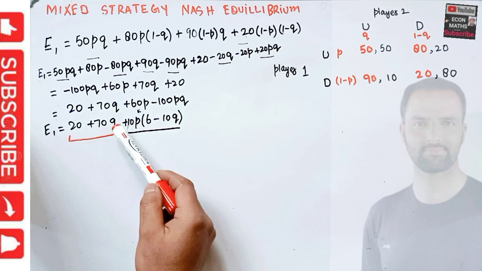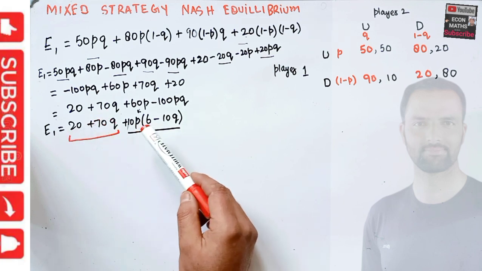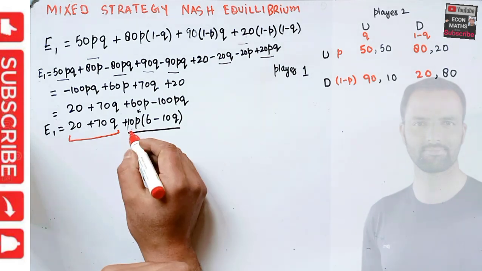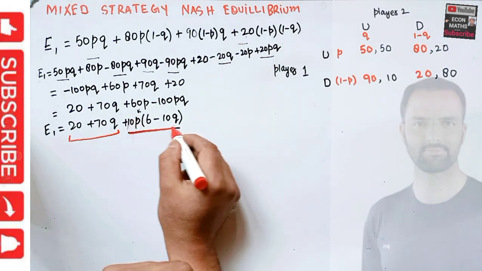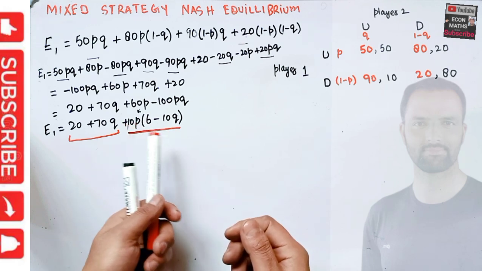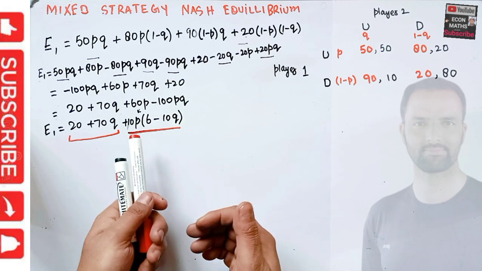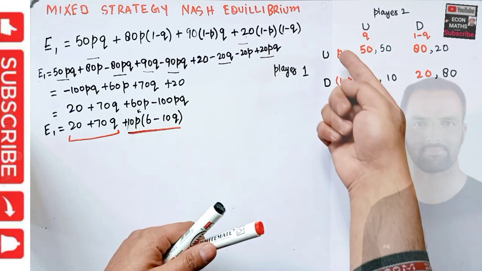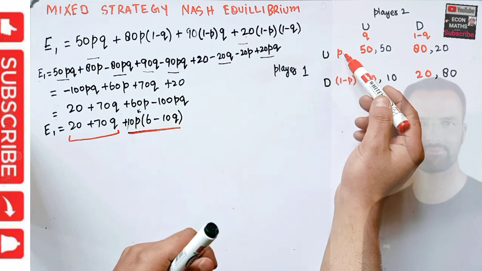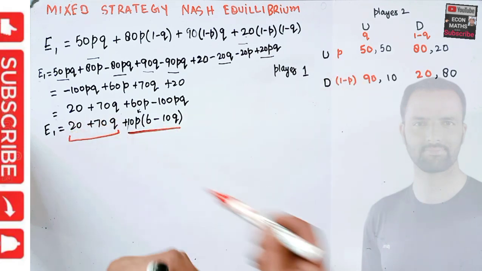So he cannot do anything with the first two terms. He is left with the last two terms, which he is able to manipulate, because he can control this p variable.